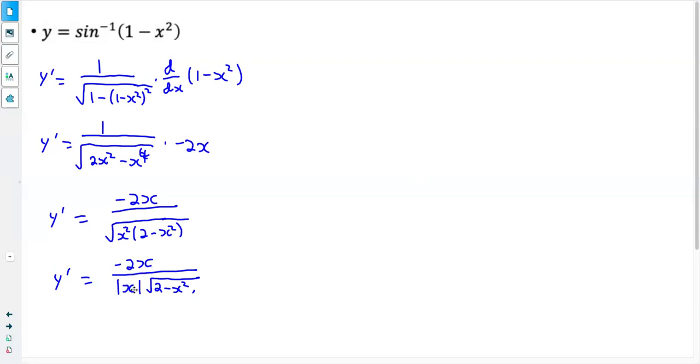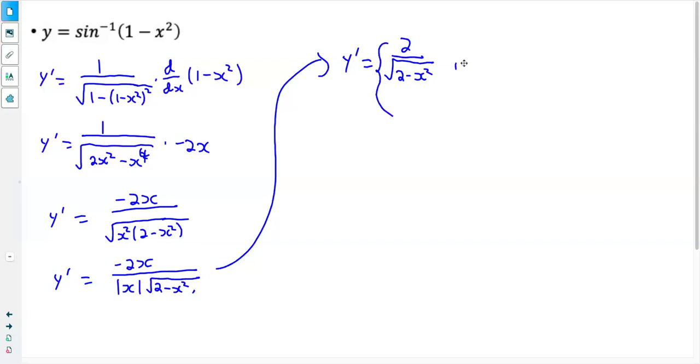Now, our x's can cancel out, and depending on if this x is positive or negative, we'll have two different answers. So we're going to have y prime is equal to 2 over the square root of 2 minus x squared when x is less than 0.